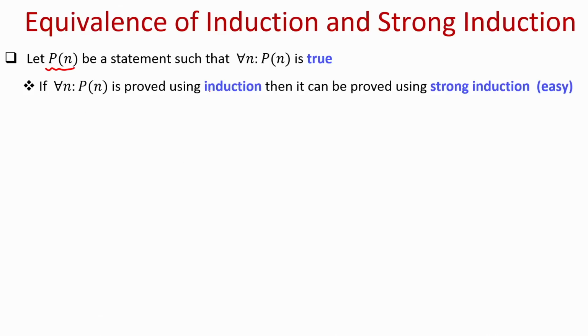One direction is very simple. If this universal quantification is proved using a regular induction proof, then it can automatically be treated as a proof by strong induction, because in a proof by strong induction you are not forced to use all the premises, namely p of b as well as p of b plus 1 as well as p of b plus 2 up to p of k.